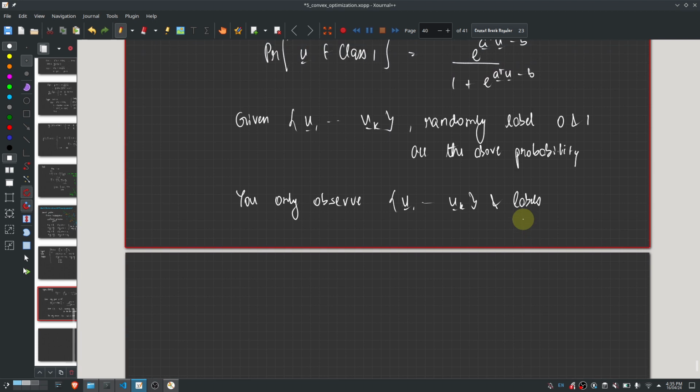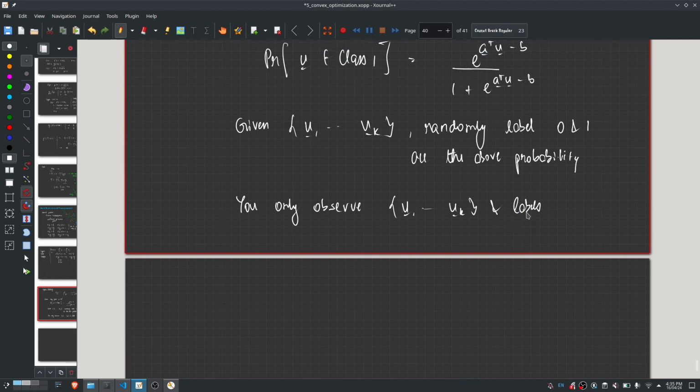So you observe points according to this and the corresponding labels. Then what would be the probability of observing this set of labels for these sets of points if you're choosing them independently at random?